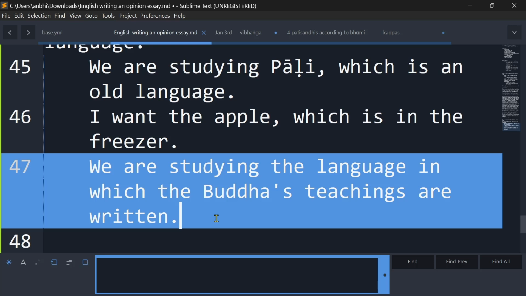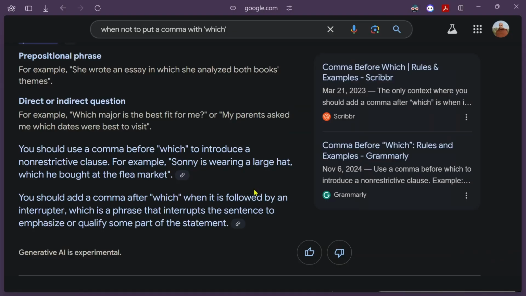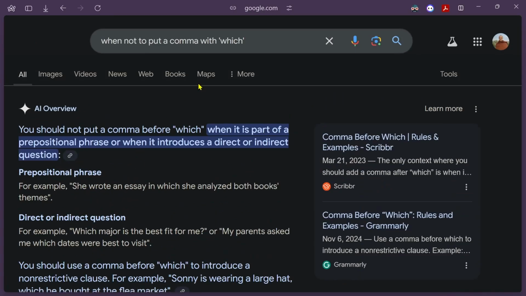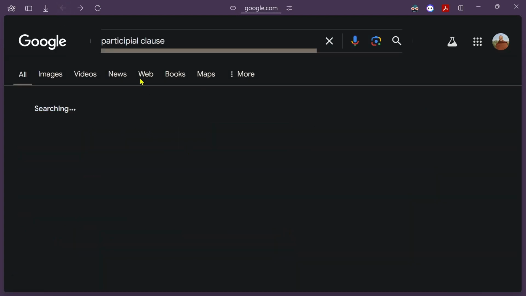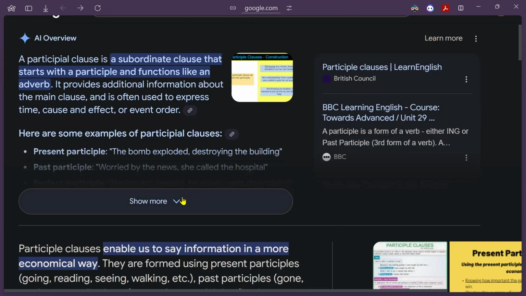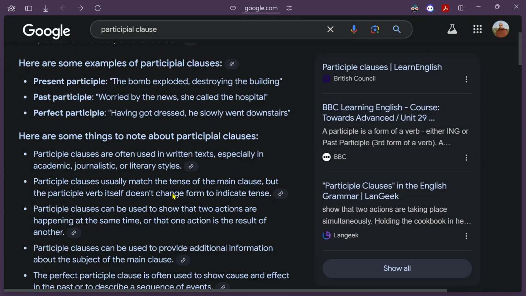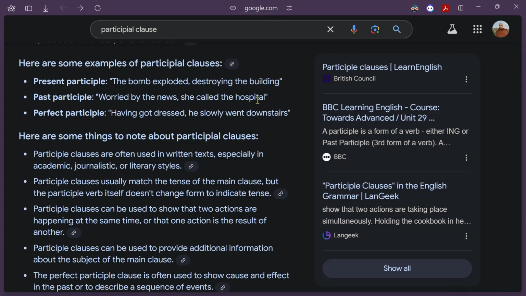For example, participial clauses. We use that a lot, I think. You use this a lot when translating from Pali to English.